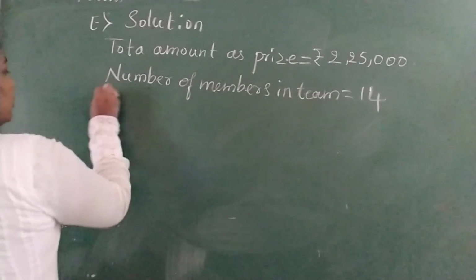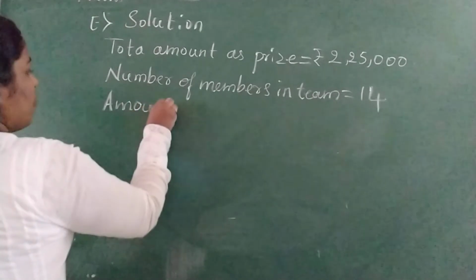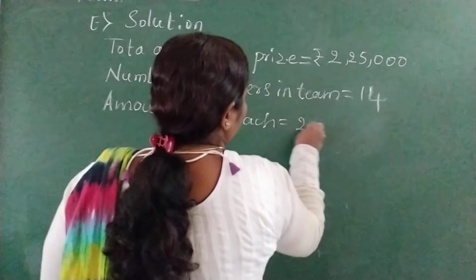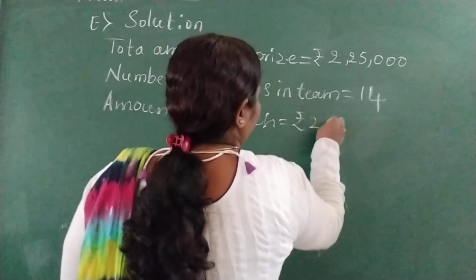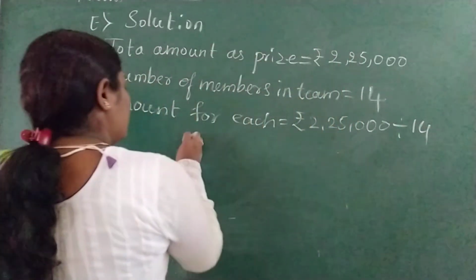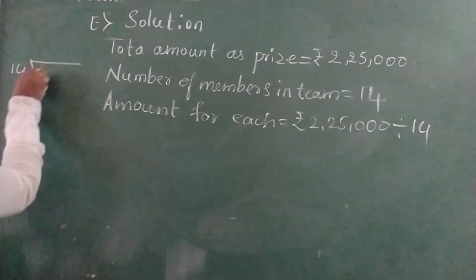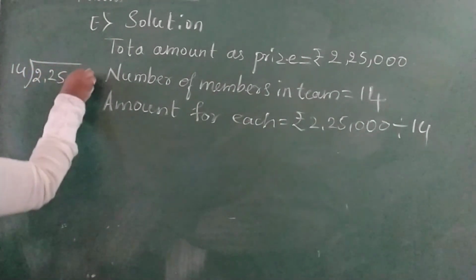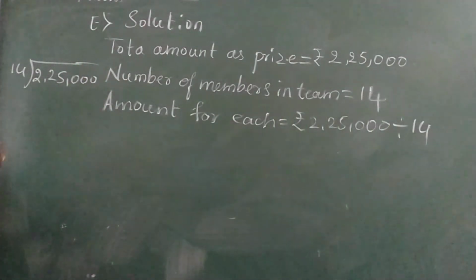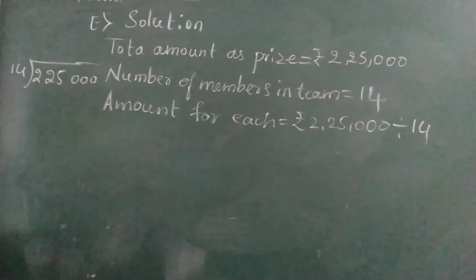Each amount for each member is equal to rupees 2,25,000 divided by 14. So do the division here. Take 2,25,000. First one, don't put commas here.